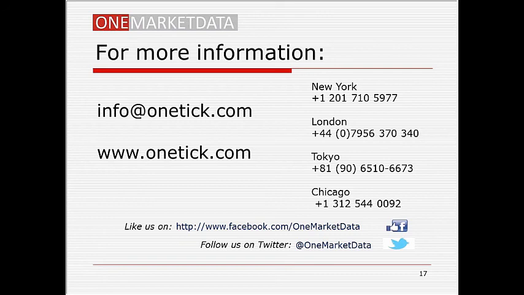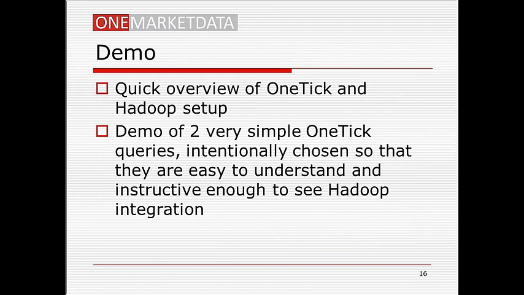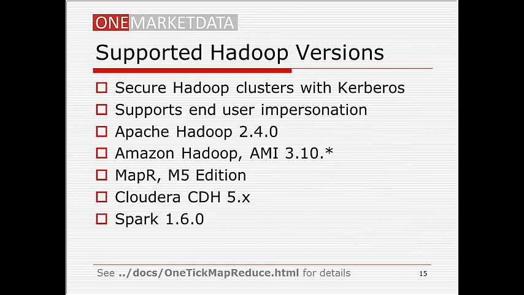Okay, the question is, which Hadoop vendors does OneMarketData work with? So we currently tested our OneTick Map-Reduce module with Apache's default open source distribution of Hadoop. We've also tried doing some performance tests with MapR.